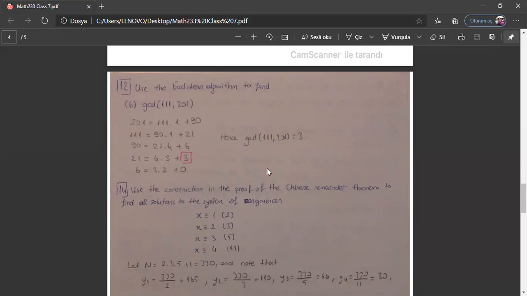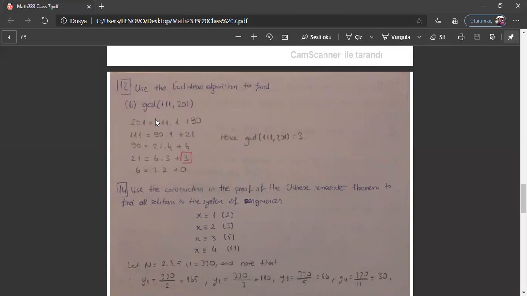Now we will use the Euclidean algorithm to find this greatest common divisor. So what do we do? We pick the bigger number, the greater one, and divide it by the less one, and here we have the remainder, which is 90.